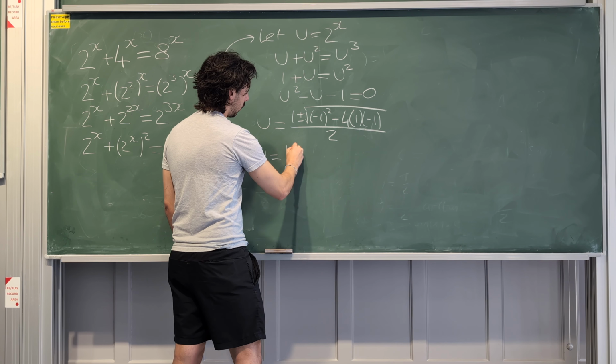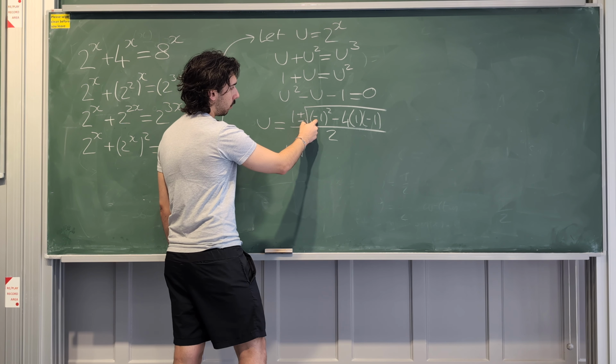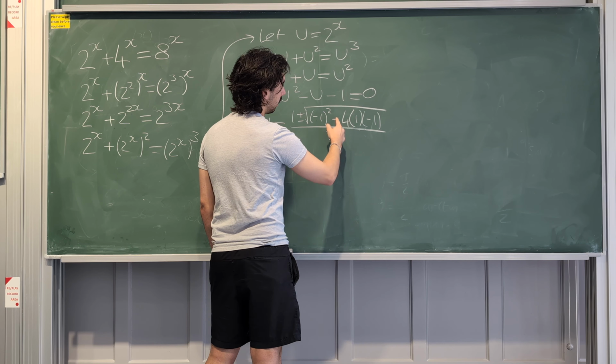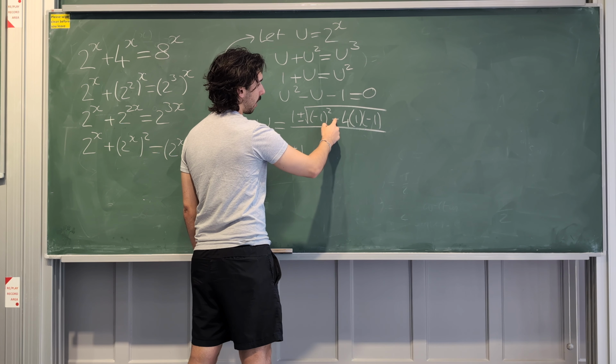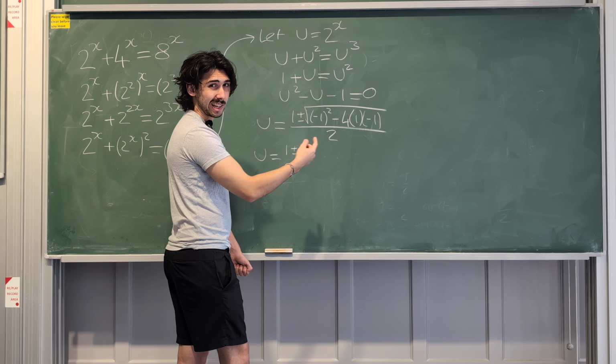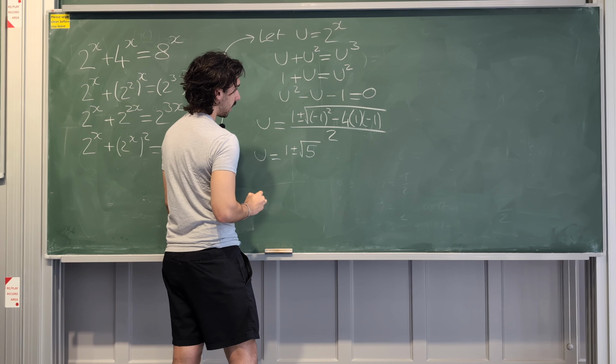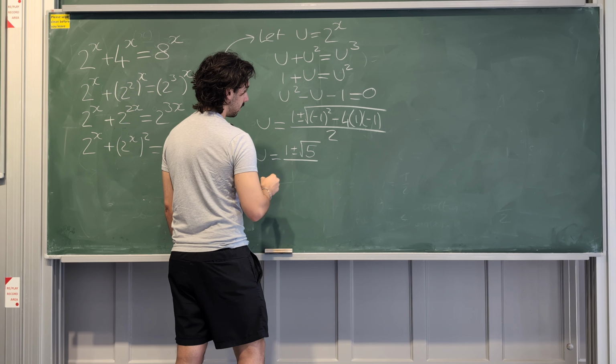So u is 1 plus or minus the square root of, this is the number 1, and then this is the number 4, including the minus 4 times 1 times minus 1. So the discriminant, the inside of that square root, is the number 5. And then it's all being divided by 2.